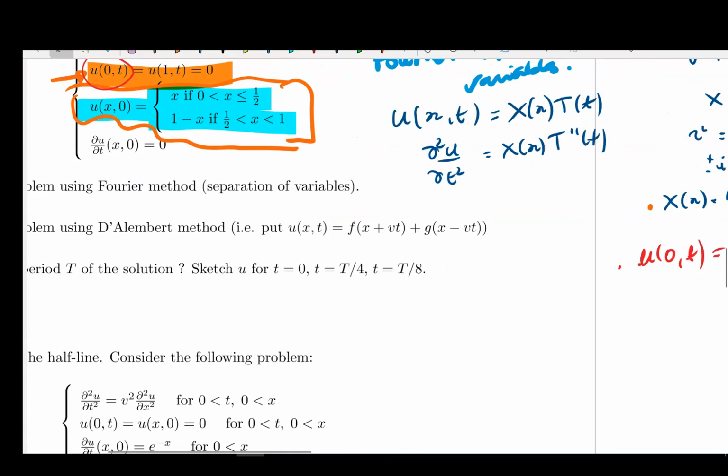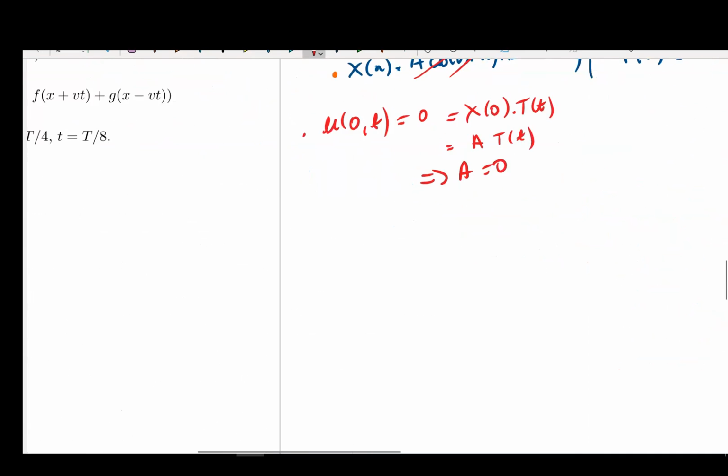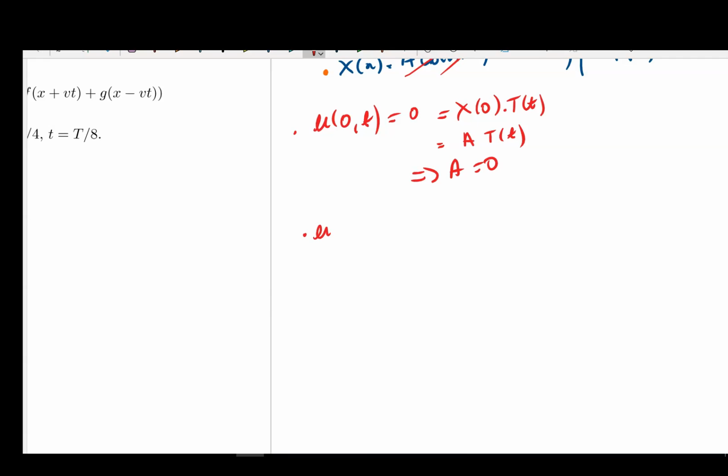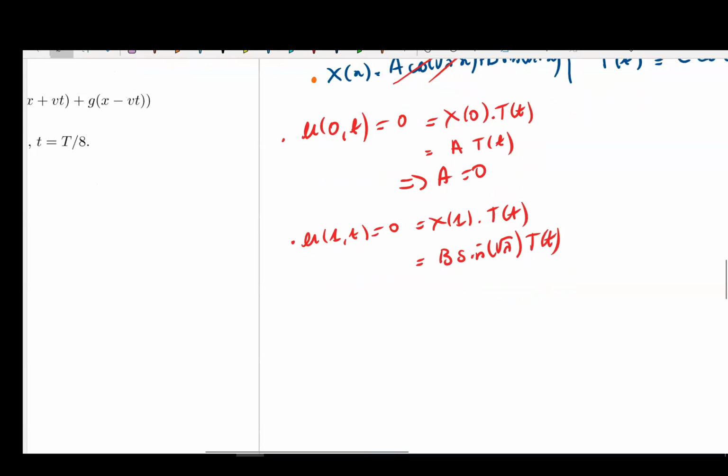Next, the second boundary condition, u of 1,t is equal to 0. Okay, so let's do that. U of 1,t is equal to 0. That's X of 1 times T of t, right? So we had a equal to 0, so b sine of square root of lambda times T of t is equal to 0.